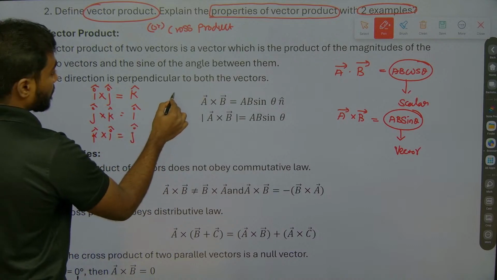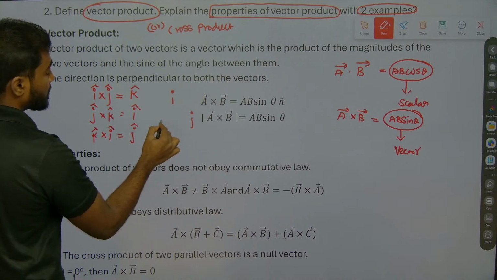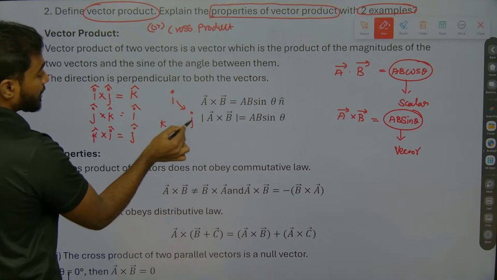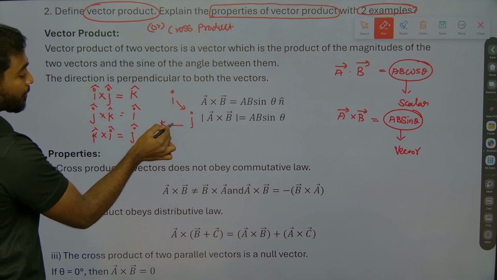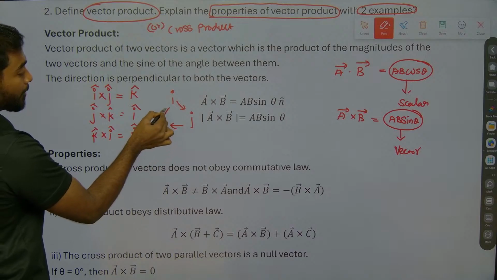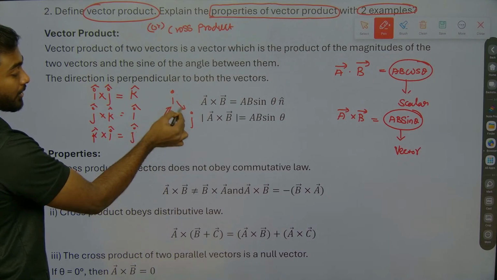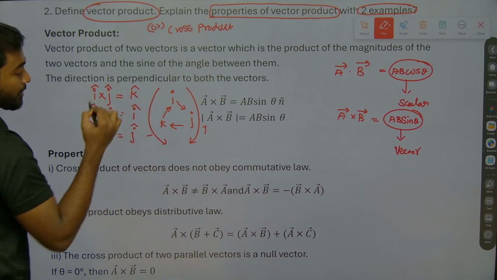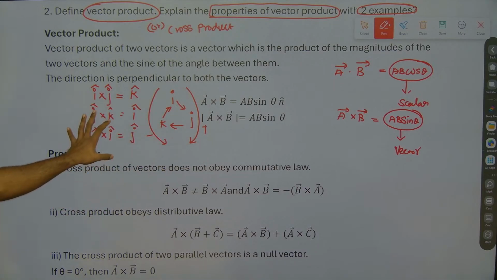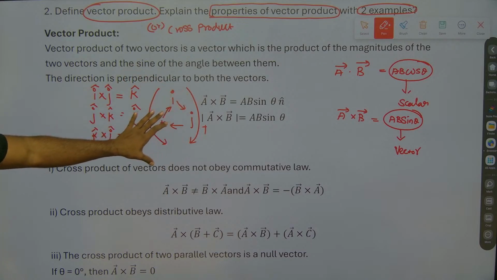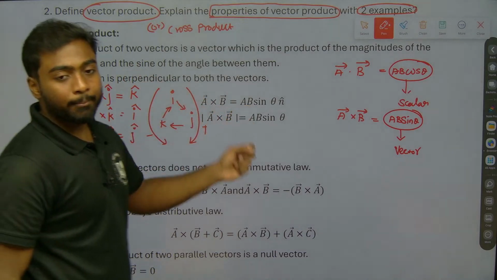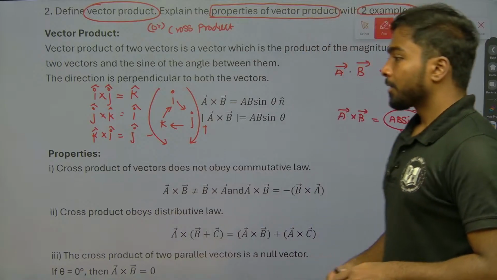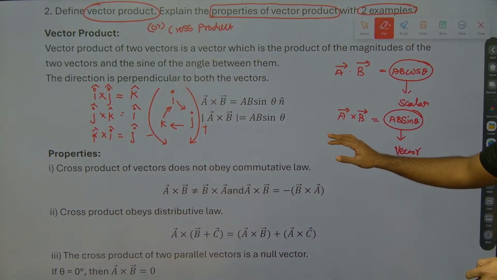So a simple trick with i, j, k: when I am going i to j, the resultant will be k, j to k, the resultant will be i, k to i, the resultant will be j. So that is positive, and if I go in the opposite direction it is negative. If you remember this, it will be easy to work out the problems. Okay, so this is about the vector product.